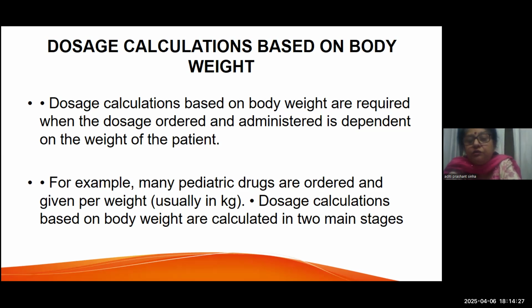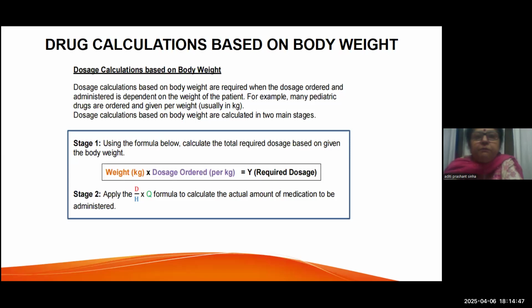The weight of the child in our Indian setup we get in kg, but if it is not so, then we are supposed to convert it into kilograms. Dosage calculations based on the body weight are calculated in two main stages. Now look at this example.